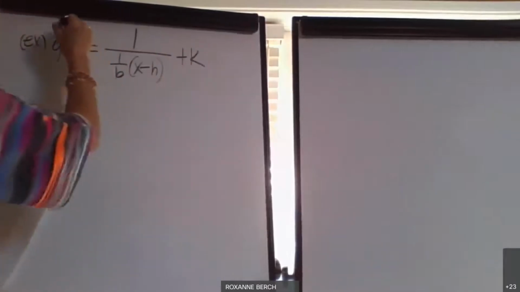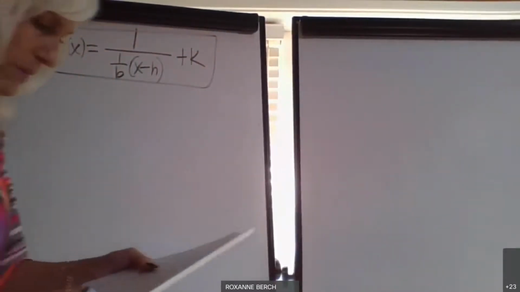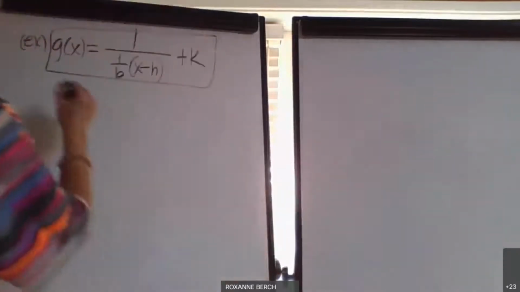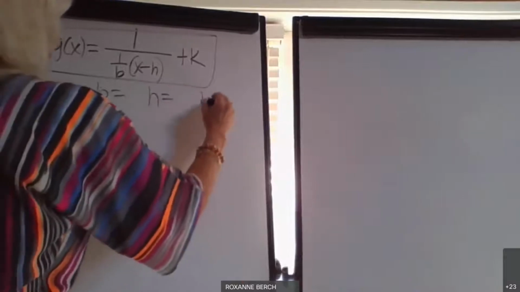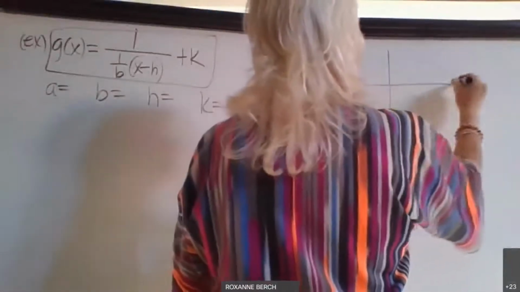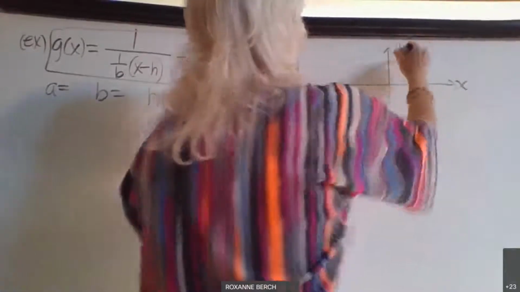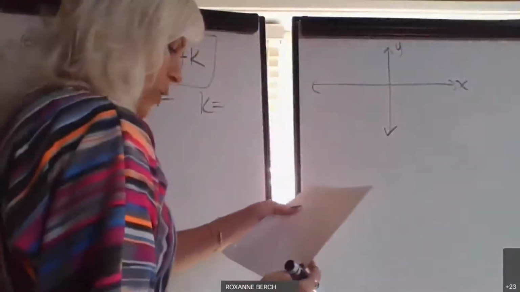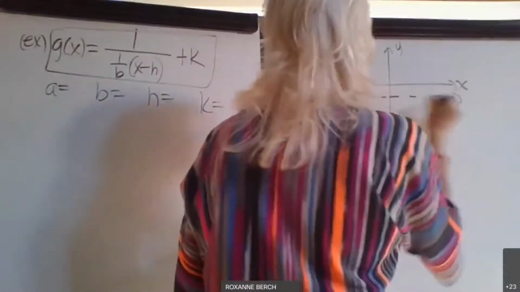Okay, look at this. Here's another form, and this happens to be form number 2. And we want to find A, B, H, and K in writing an equation. Let me give you the graph. In this graph, you have a horizontal asymptote at y equals -1.